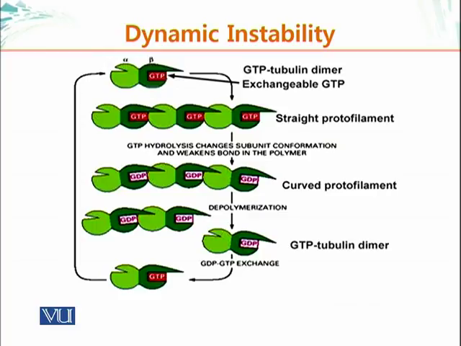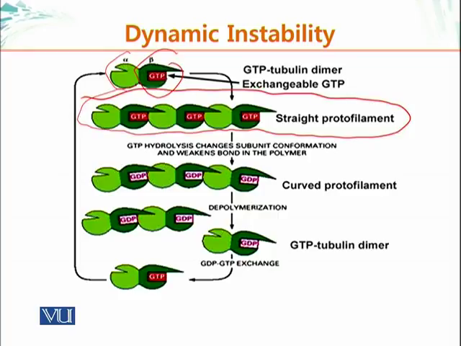So here, let me show you this. Here you have alpha and beta subunits. The beta is bound to GTP. When the subunits polymerize, they are in T form and the protofilament is straight. These subunits have GTPase activity. When these subunits have hydrolyzed GTP into GDP, there is a conformational change.